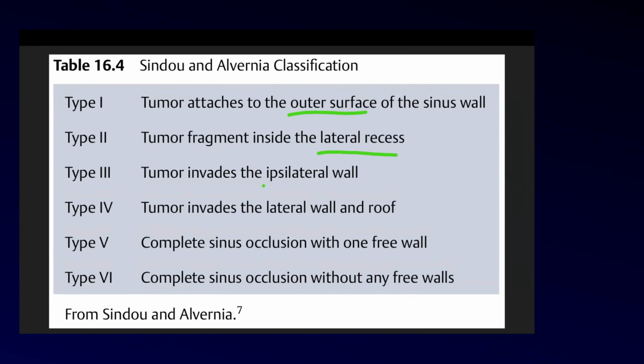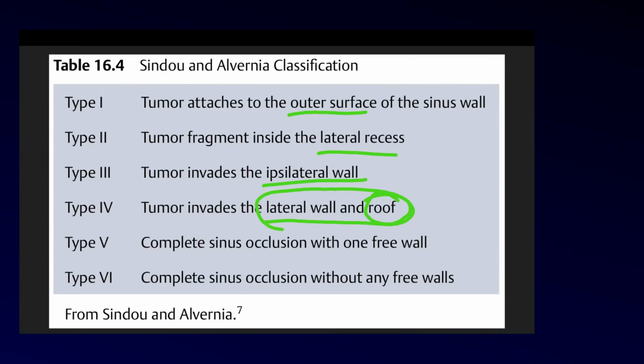Type 3 is when it involves one wall. Type 4 is when it involves the lateral wall and roof. Now, the roof is not addressed in Brocchi as a separate structure, whereas Sindou addresses it separately. Type 4 is where the lateral wall and the roof are both involved. Then we have type 5, where there's complete sinus occlusion, but one free wall is still there.